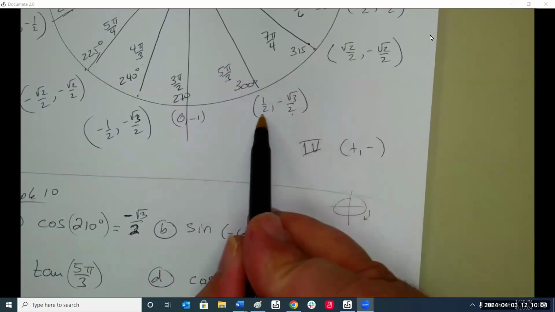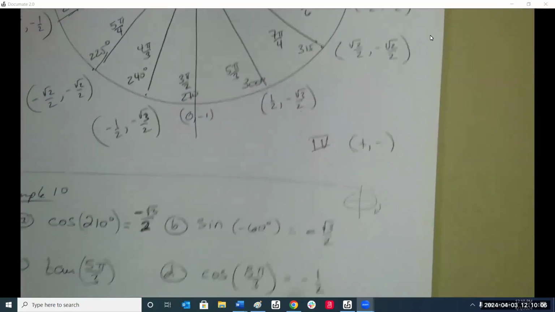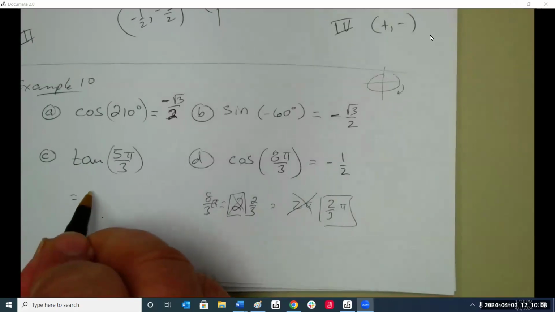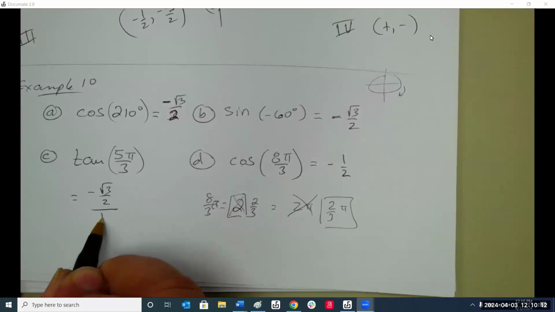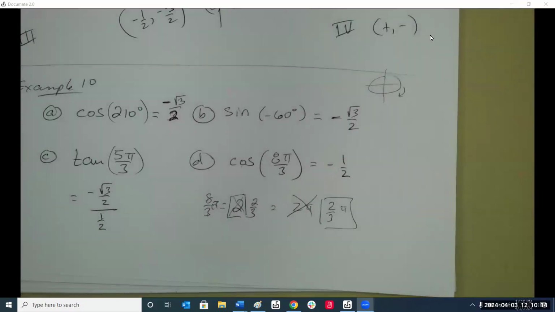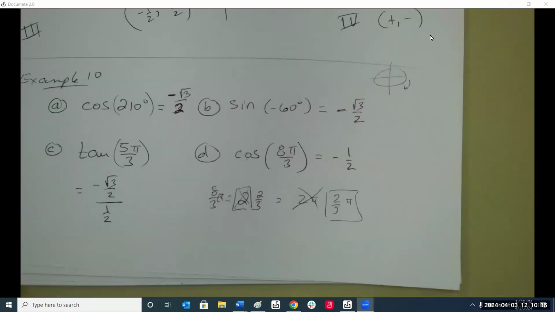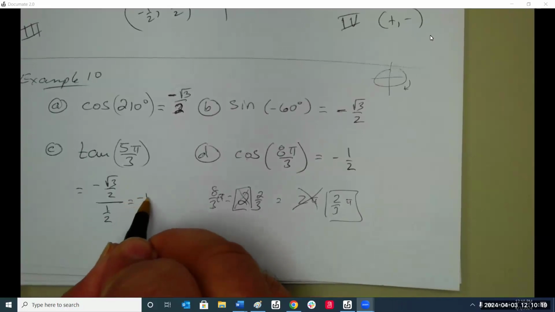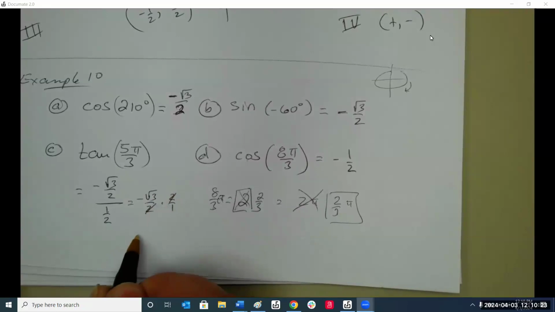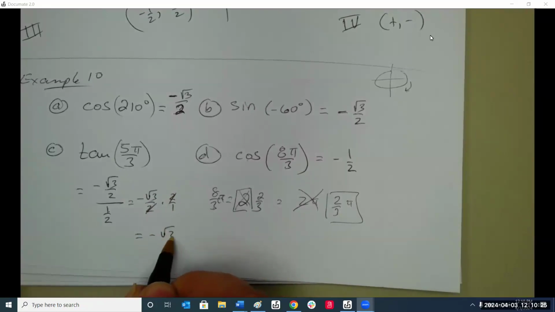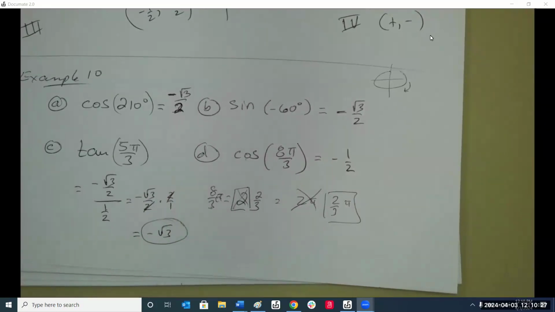So we have the sine over cosine, which becomes negative radical 3 over 2 divided by 1/2. Take the top fraction, leave it alone, and flip the bottom. So we're left with negative radical 3. You don't need a calculator. Just have to try to beat it out of y'all.